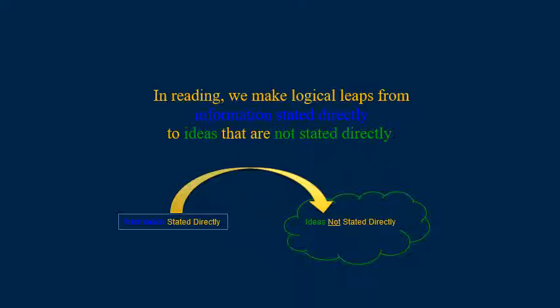So we have to make a conclusion based on the provided facts, and after that add our own experience, our own imagination, our own knowledge. But remember that the additional information we provide must be a logical one.